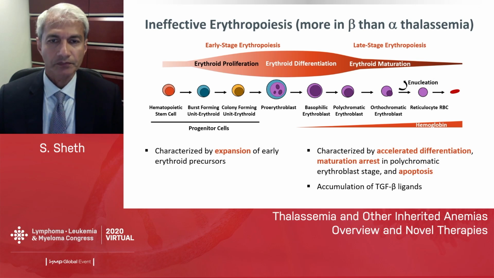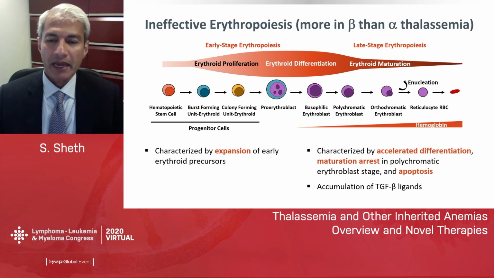What happens in thalassemia, and more so in beta thalassemia than in alpha thalassemia, is that there is a significant amount of maturational arrest. And so even though erythroid proliferation is proceeding normally, or in fact at a heightened level, differentiation and maturation is impaired.